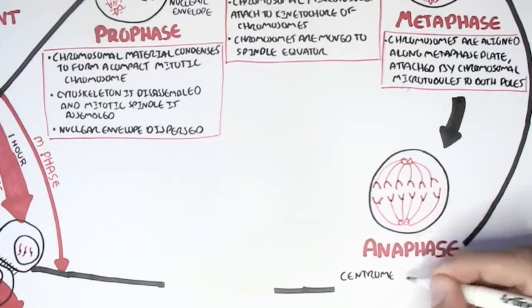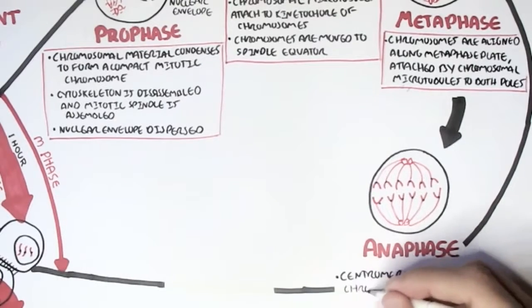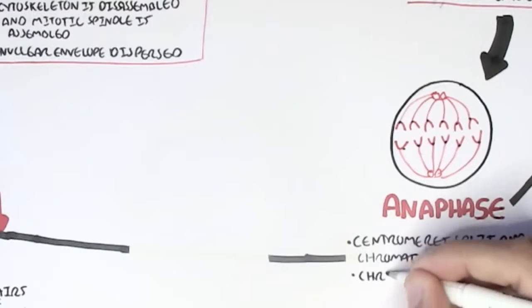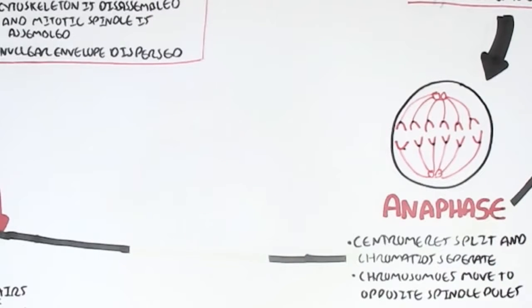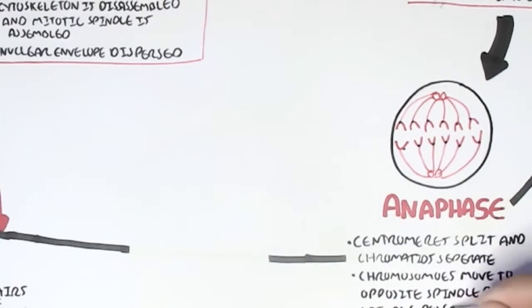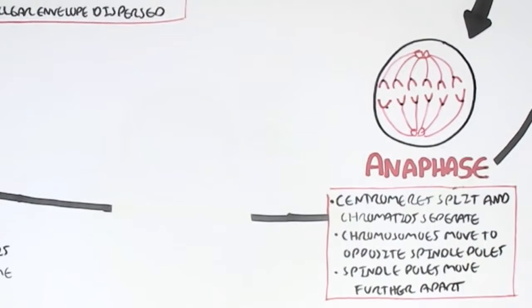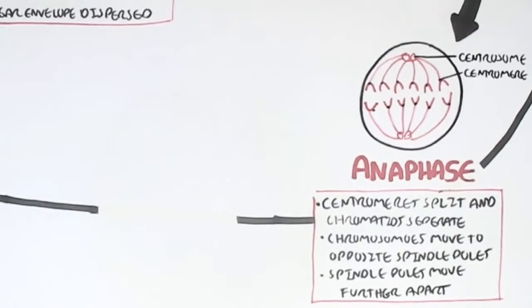In anaphase, the centromeres, which hold the duplicated chromosomes together, will split, and the chromatids will separate. The chromatids will move to opposite spindle poles, and then the spindle poles will move further apart, ready for division. Just recapping, this is the centrosome and this is the centromere, which previously held the duplicated chromosome.